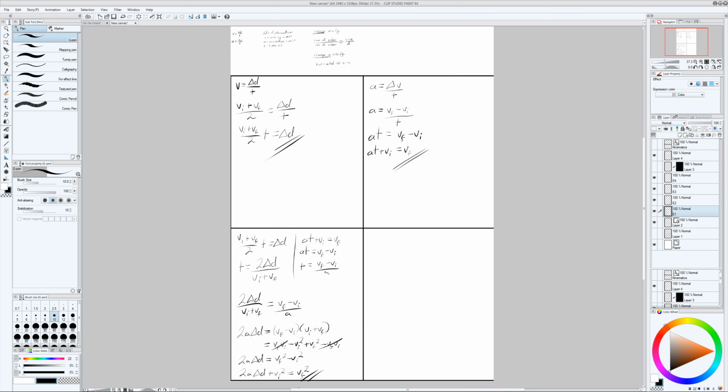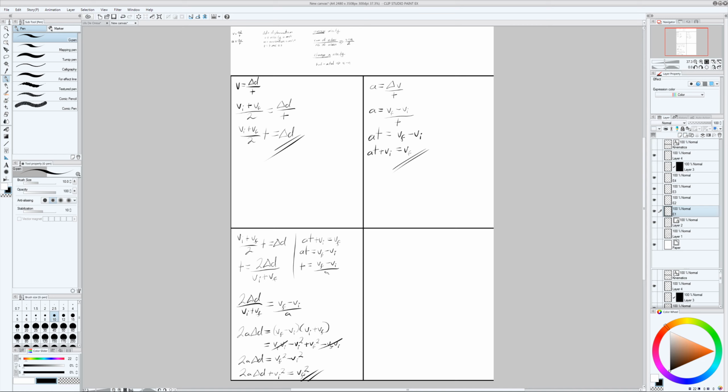Because generally speaking, you know where something started from. And you won't need the equation that just uses Vf instead of the V0, Vi. So we'll just do the one which gets rid of the final velocity.